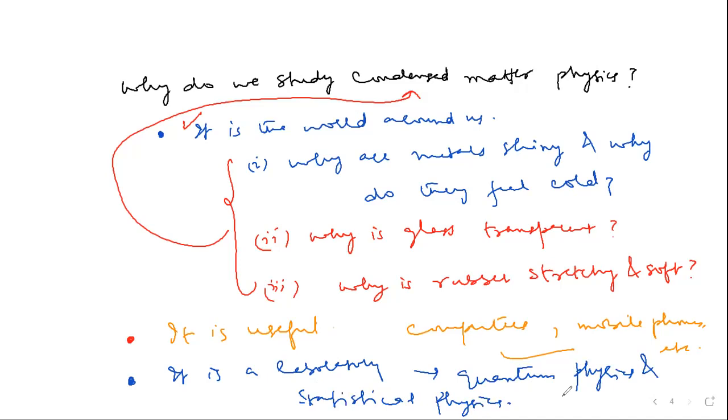You have gone through many concepts of quantum mechanics and statistical mechanics in your previous semesters. Now, these ideas of quantum mechanics and statistical mechanics are deeply grounded in condensed matter physics, right? These can be some good reasons for studying condensed matter physics.